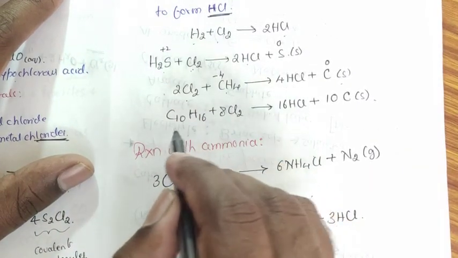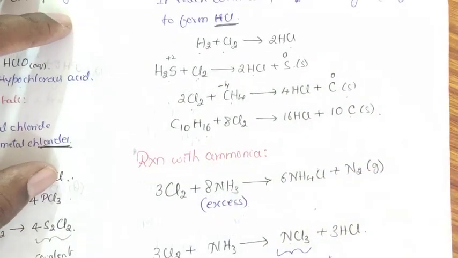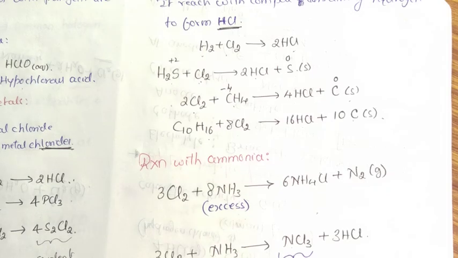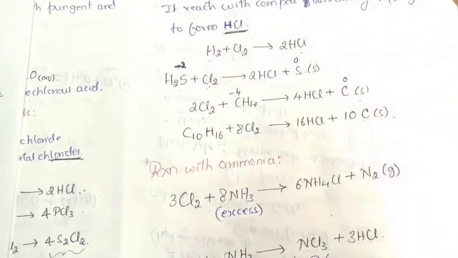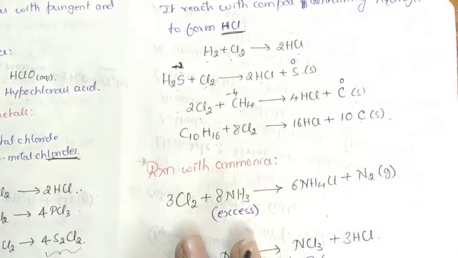Next, when hydrocarbons are treated with chlorine gas, we get these compounds. Whenever chlorine is made to react with hydrogen or compounds containing hydrogen, we get the major product as hydrogen chloride. Sorry, this oxidation state is -2 but not +2.